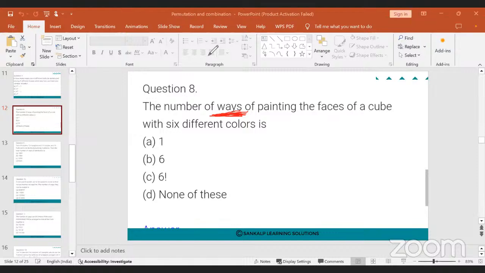Again, 1 minute time for you. Option C is the answer given by Vedavati. Think it fast.